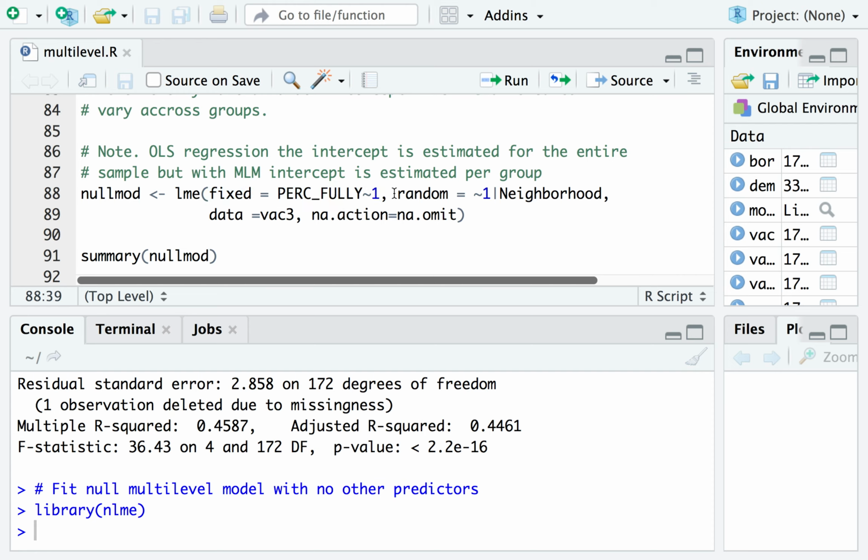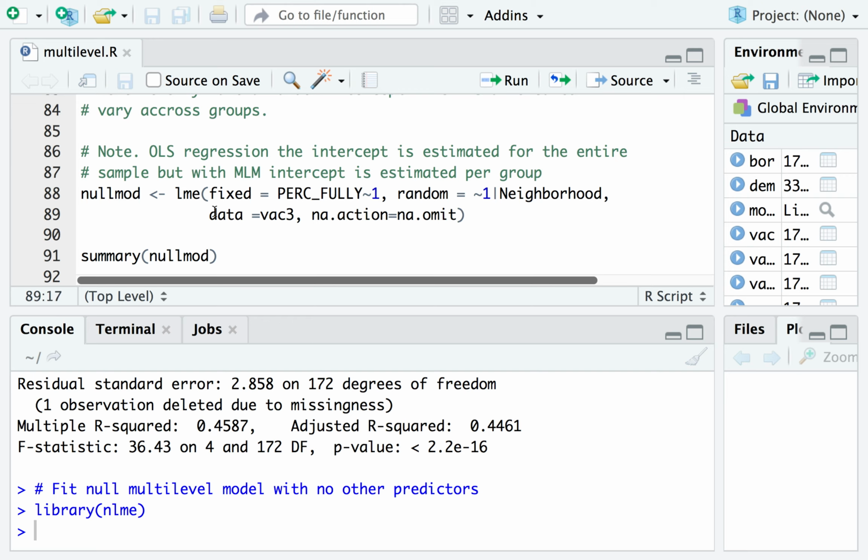What multi-level modeling does is it breaks this apart. It allows your random intercept to vary across groups. So your intercept is going to be the mean of your dependent variable when all the other independent variables are 0. And we're just going to let it vary across groups.